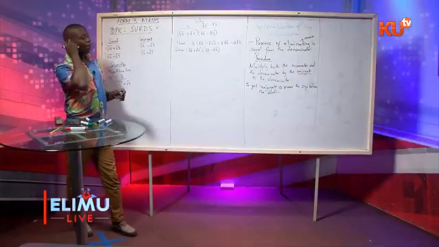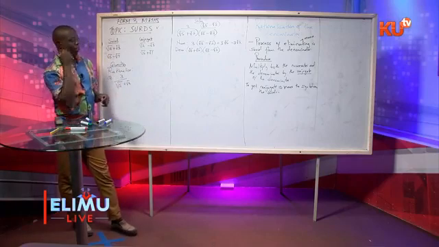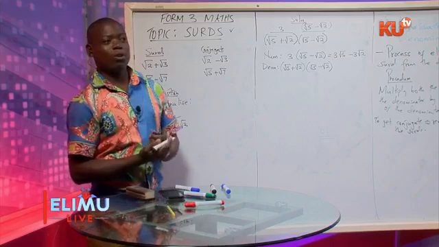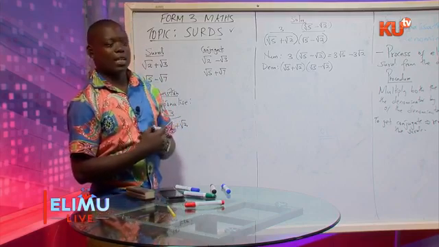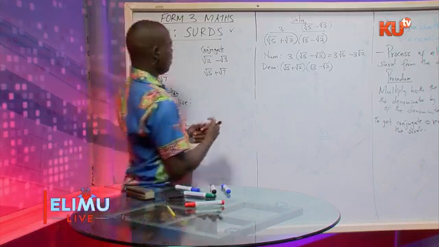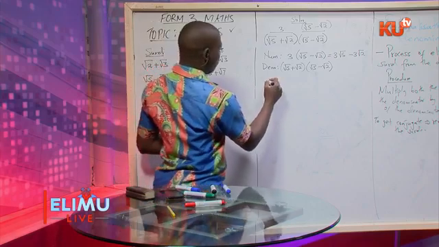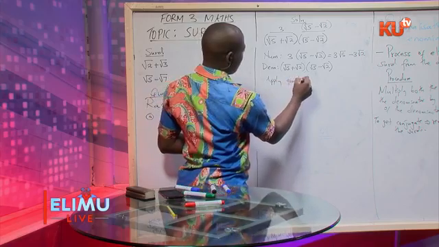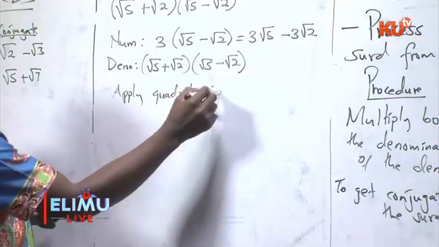Now, this can be worked out by expansion in the long method, or you simply apply what we call the identities, quadratic identities. And I believe we know what are the quadratic identities. You apply the quadratic identity.